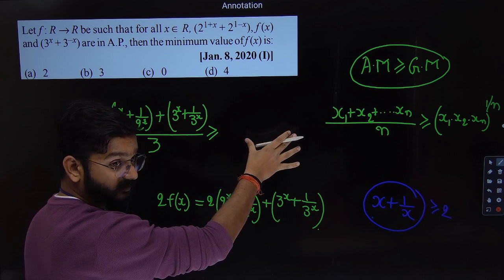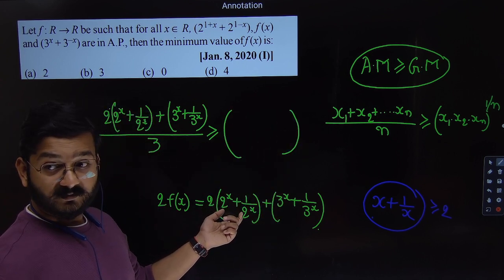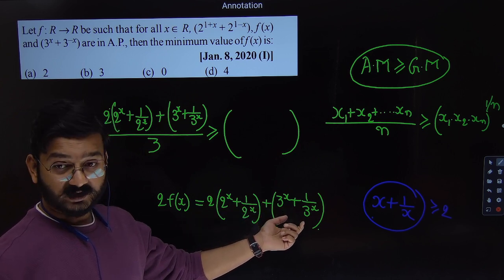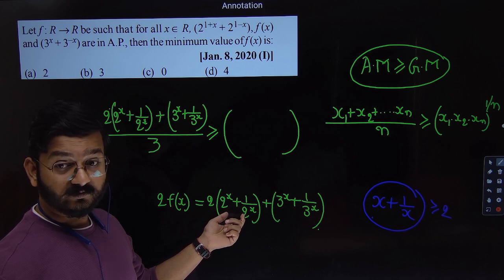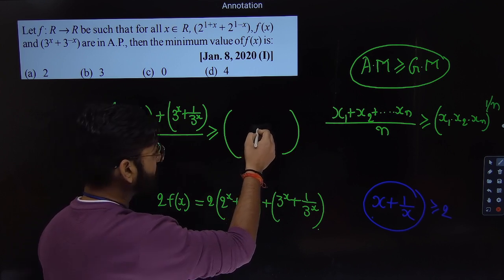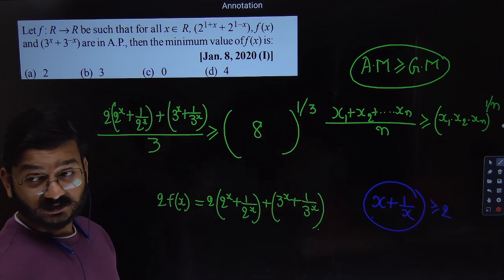I'm not writing all the terms. See carefully. This will be multiplied how many times? 2 times. This will be multiplied 1 time. What is the minimum value of this? 2 into 2, 4. 4 into 2, 8. Directly writing 8 to the power 1 by 3, because total 3 terms are there.